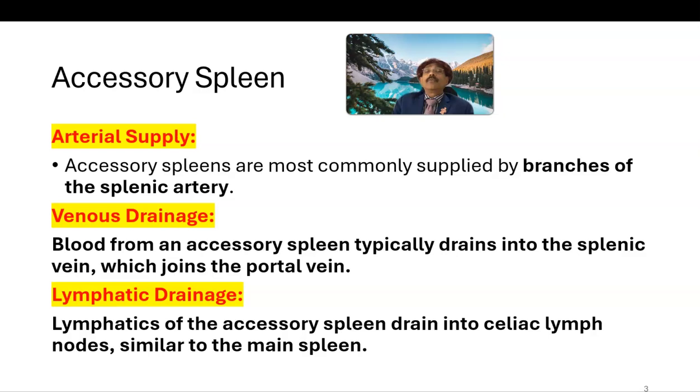The thoracic duct opens at the junction between the left internal jugular vein and the left subclavian vein. So the lymphatics go to the celiac group of lymph nodes around the celiac trunk of the abdominal aorta.